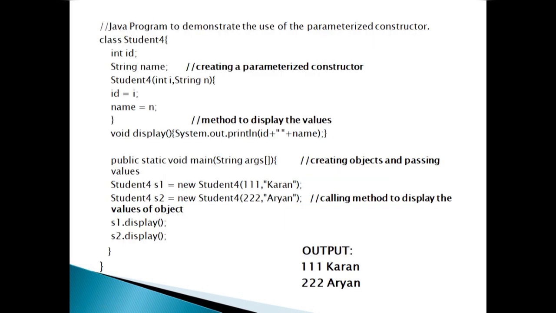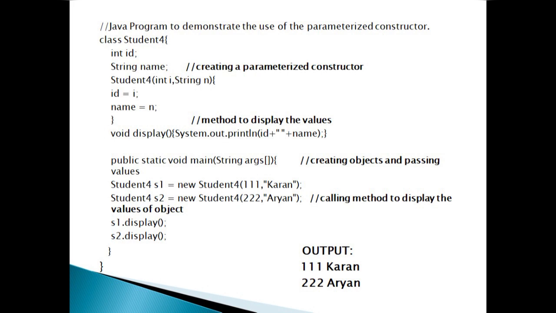Now let's see an example for parameterized constructor. Here we've created a class Student4, and we're creating a constructor for the same. And we can see that parameters like i and n have been passed to it. Next, we're creating a method called display, and we're trying to print the values of id and name.